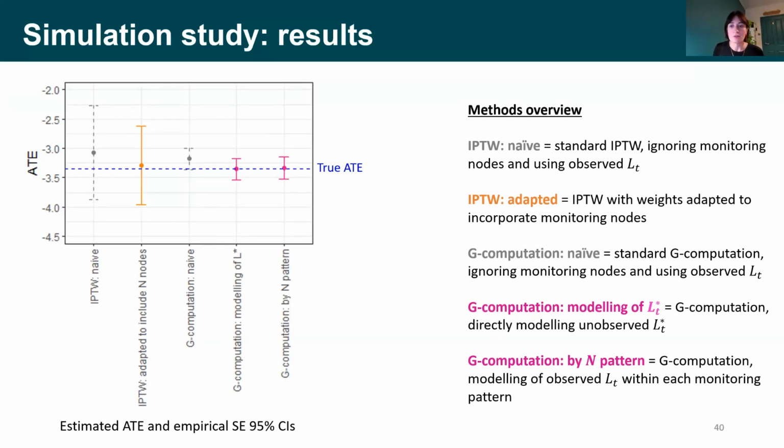The methods that I described in this talk, which are the IPW method in orange and the two ways of doing G computation in pink, reduce bias compared with methods that ignore informative monitoring, which are shown by the grey dashed lines. The confidence intervals based on the empirical standard errors, which are the standard deviations of the estimates across all simulations, are wider for IPW-based methods than for G computation-based methods.